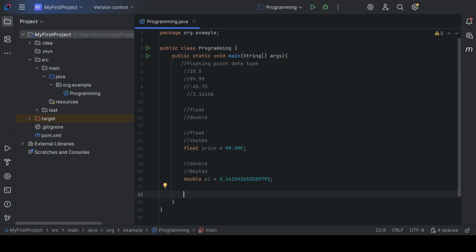Whereas double size is 8 bytes and precision is about 15 to 16 digits. As we can see, double uses more memory but provides much higher precision.